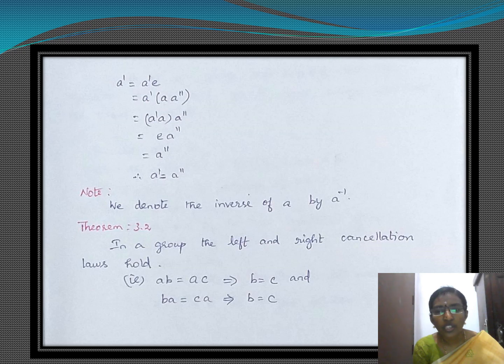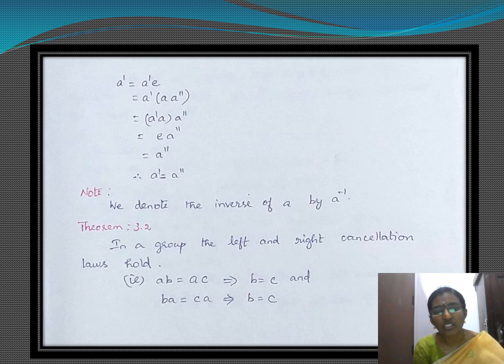From the above two equations, we simplify that A dash equals, let me write A dash as A dash into E. For E, we substitute A A double dash. Then using the associative property, we get A dash A into A double dash. Now A dash A becomes E. Then E A double dash is equal to A double dash.